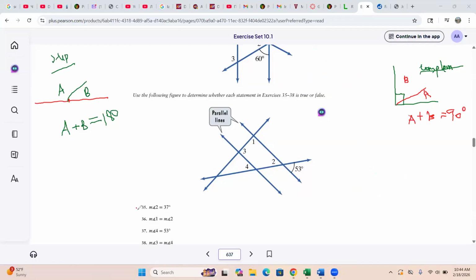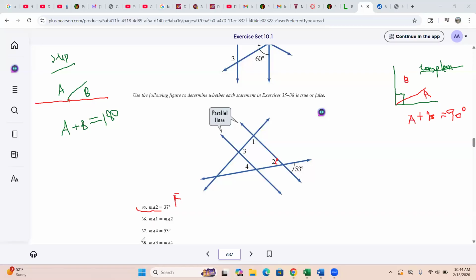So it's 35, correct? Is the measure of angle 2 going to be 37 degrees? I say, what? Is it 37? Isn't that 53? Because it's opposite 53. Okay, so you put not correct, which means false, and that's it. I say false. You don't put 53. No, they want a false, so make them happy, put false.